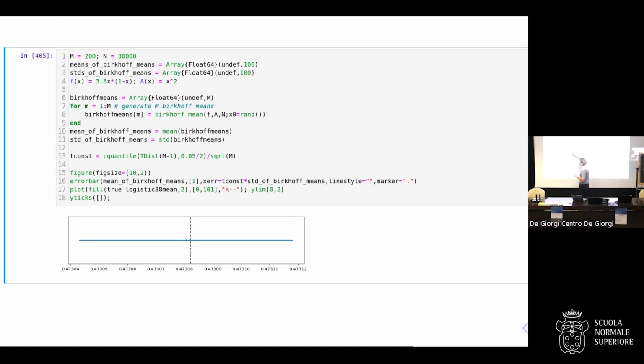But because you've done a few independent runs of it, you can do some kind of uncertainty quantification on this error without needing to know too much about your dynamics.